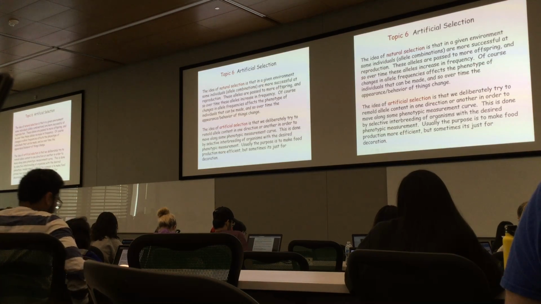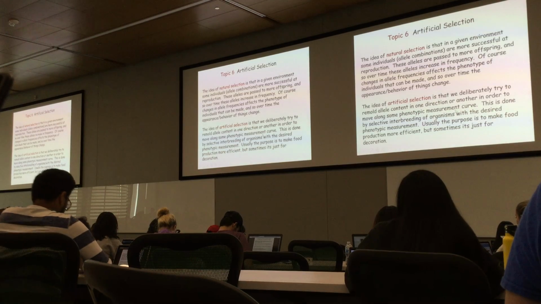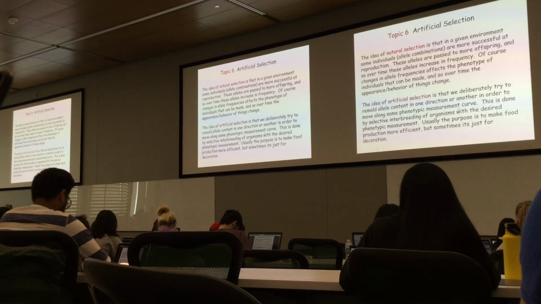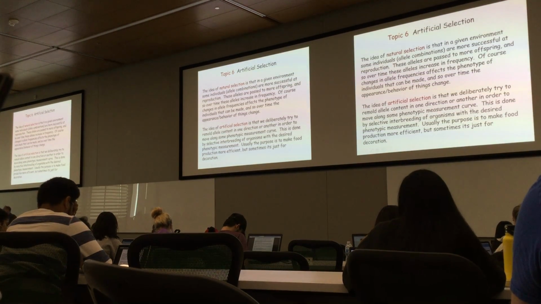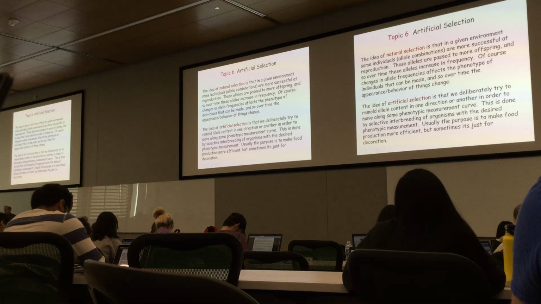Okay, so we would like to move along some phenotypic measurement curve, lots of eggs, few eggs, whatever's being selected for. And this is done by selective interbreeding of organisms that have the desired characteristic.